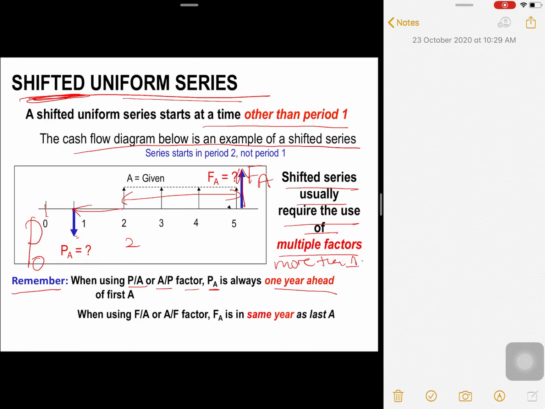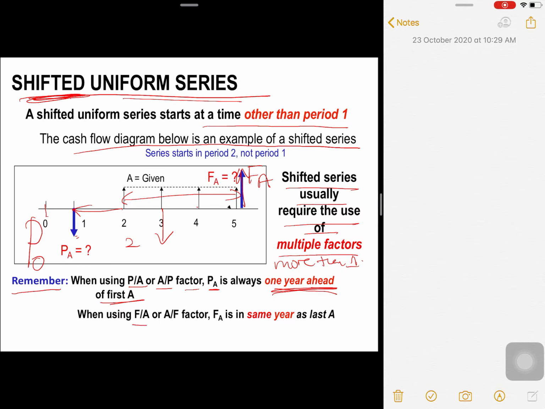If A starts at 3, PA will be at 2. If A starts at 4, PA will be at 3. That's what it means. It must be 1 year ahead of the first A.